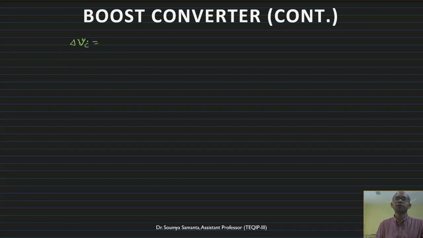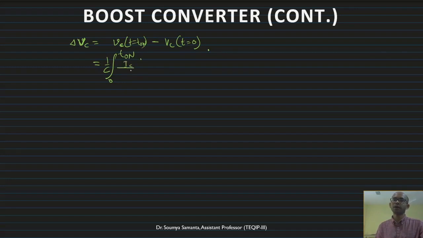The value can be Vc at t equals t on minus Vc at t equals 0. We have to find out the expression, which will basically be the integration from 0 to t on of 1 by C.